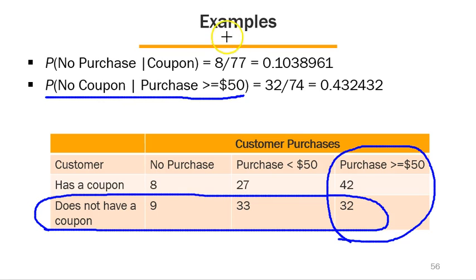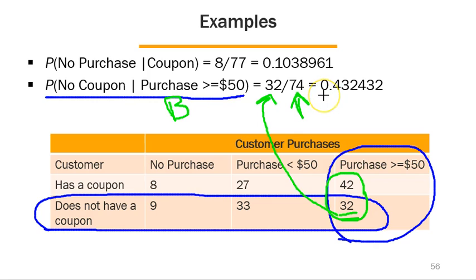The intersection there is this 32. And that 32 is what I'm placing up here. And then out of B, so A given B, the B part would be purchase greater than $50. We're looking at now 42 plus 32, that's 74, and that's where this 74 comes into play.